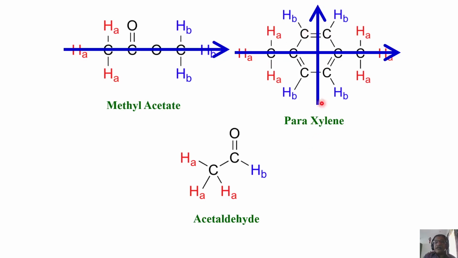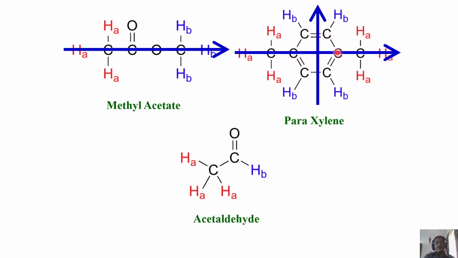Of course, what about the carbon here? You should understand. How many peaks do we get for carbon? Remember, this carbon is equivalent to this carbon. We get only one peak. These two are equivalent. What about these 6 carbons? This carbon and this carbon, these ipso carbons, are different from the remaining 4 ring carbons.